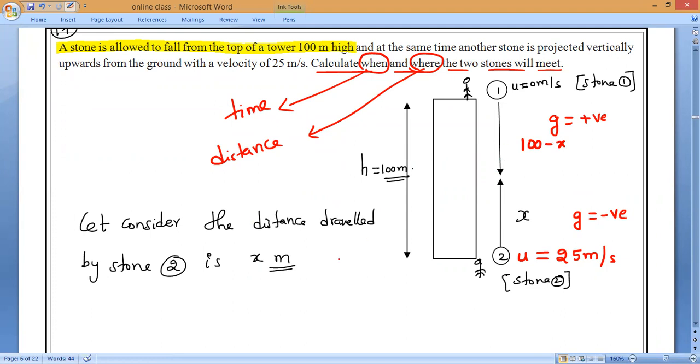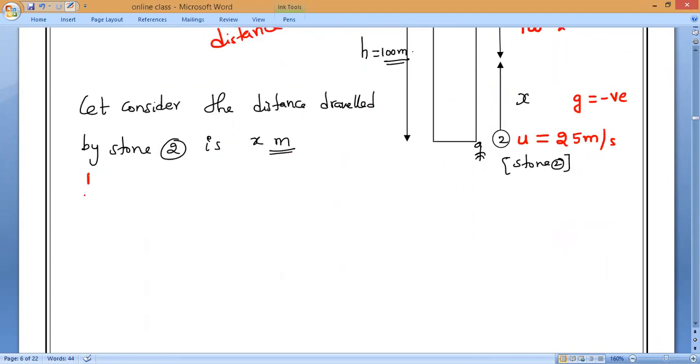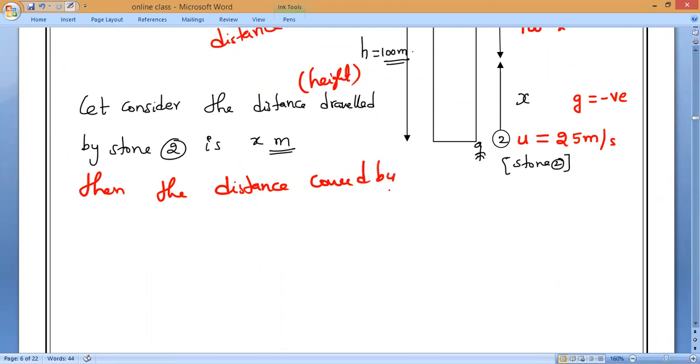That is what you have to remember. Then you should write that distance means here height. That is also you should remember. The distance covered by body 1 is how much, guys? 100 minus x. Will you all accept it or not?